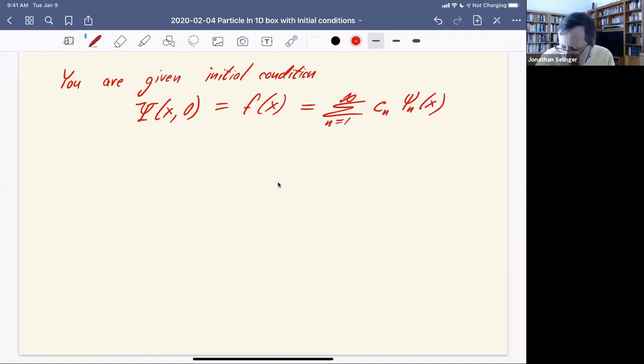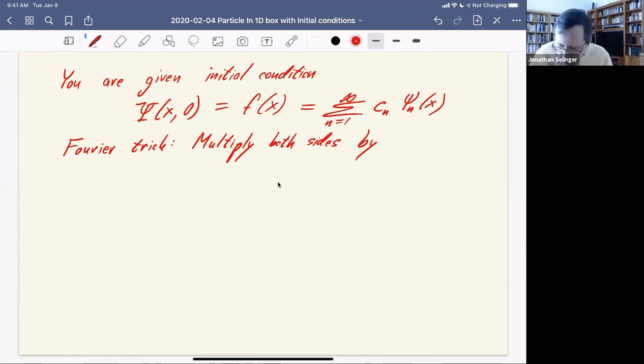Here is the trick. I'll call it the Fourier trick. You multiply both sides of the equation by any one of those psi functions.